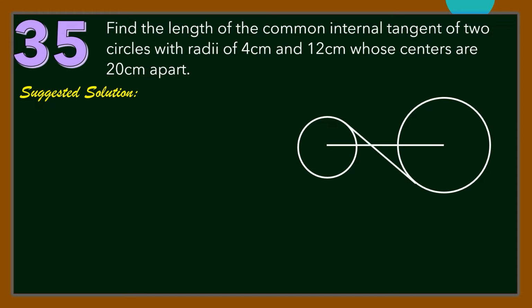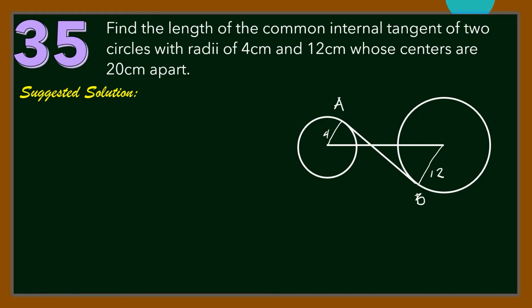Let A be the point of tangency on the smaller circle, and B be the point of tangency on the bigger circle. Then we're looking for the length of segment AB. Since the radius of the smaller circle is 4, and the radius of the bigger circle is equal to 12, we have two similar triangles in the figure.